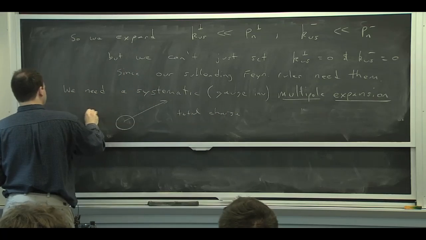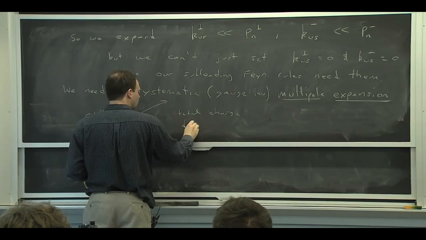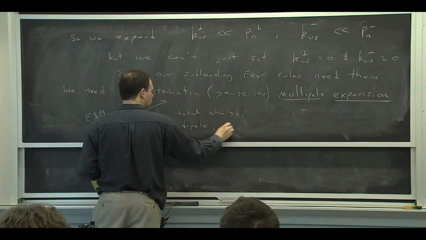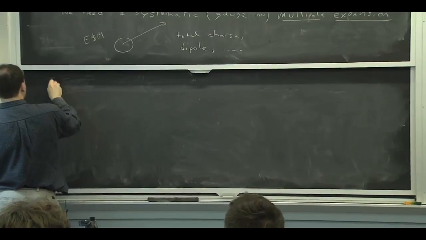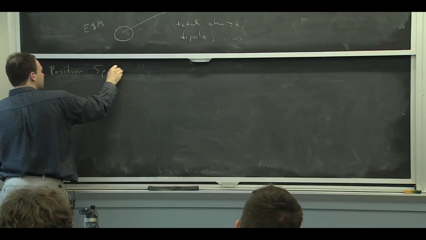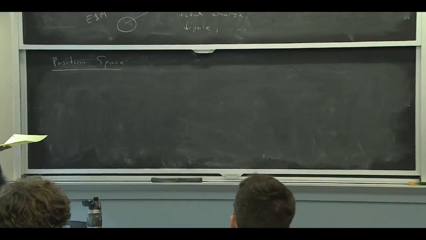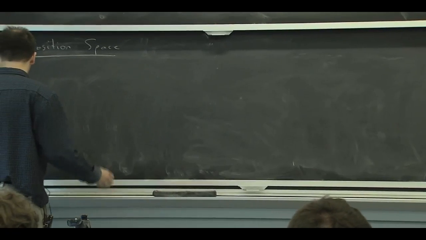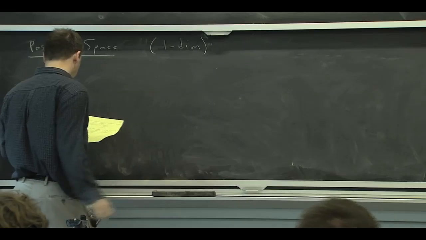You think of E and M. And it's similar here, except we're doing it for fields. So in position space, it's similar to this where we expand and we neglect some coordinates. So let me show you how a multipole expansion works in one dimension in position space.